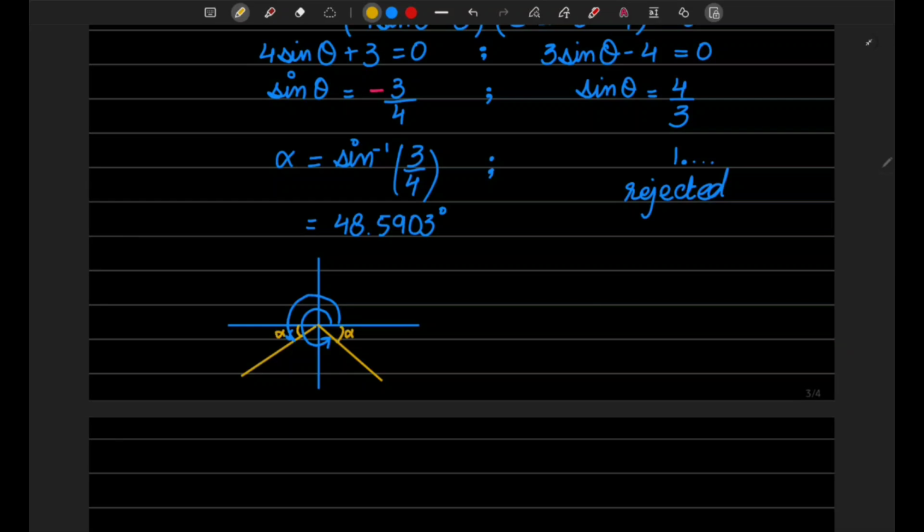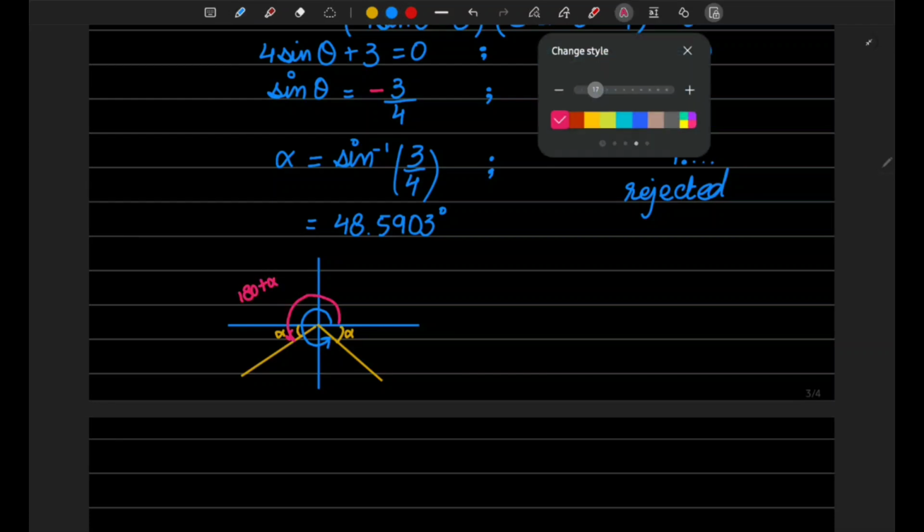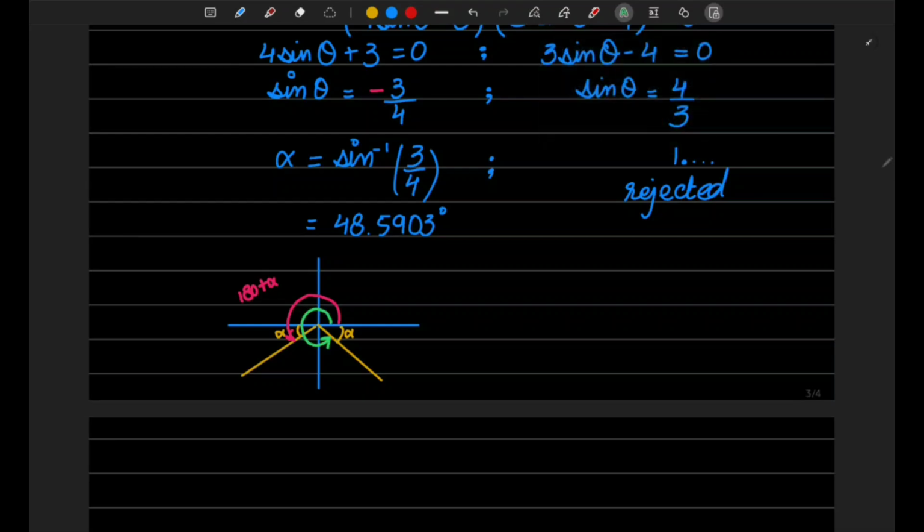Your actual angle is 180 plus alpha, and the second one is 360 minus alpha.